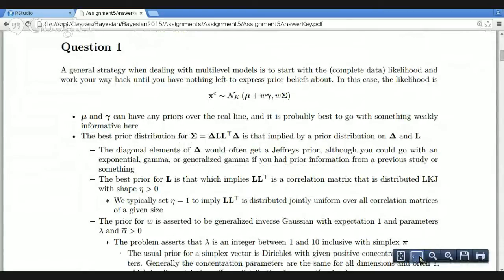Okay, so I think I had more trouble on question 1 than I was hoping for. It's pretty much the same as what we did before with multivariate normal.